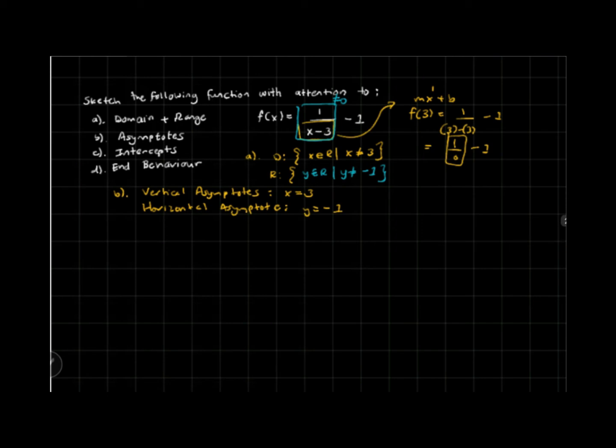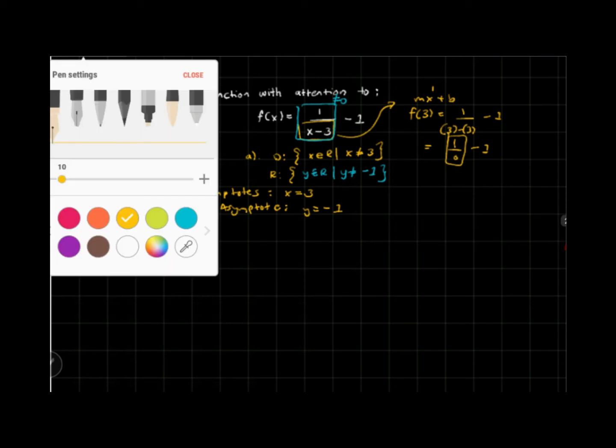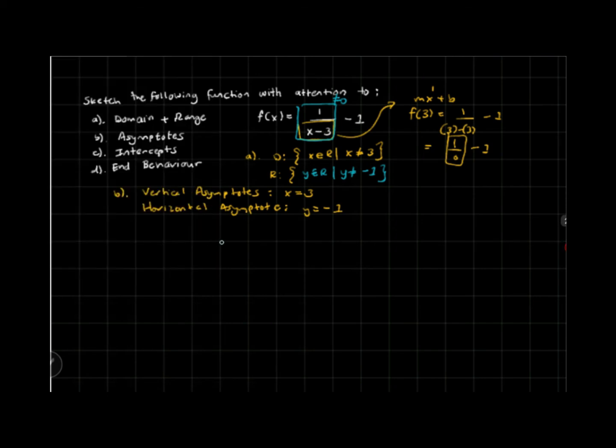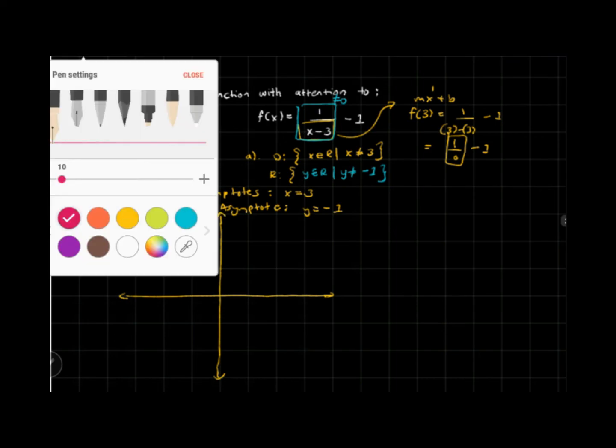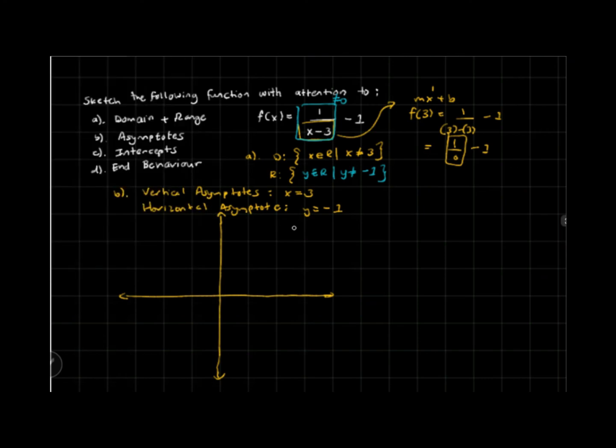And once you have these asymptotes, you can actually graph this on a certain grid, right? I'm just going to create a sketch here because I want to sketch this function at the end of the day. Okay, so this is my graph, and I'm going to make the vertical asymptote in red.